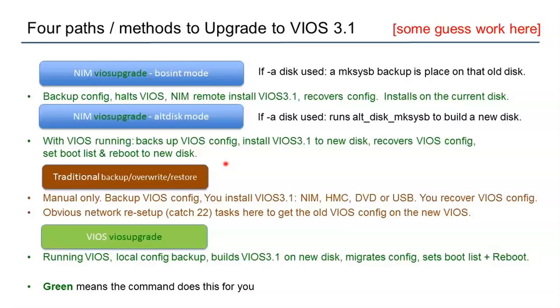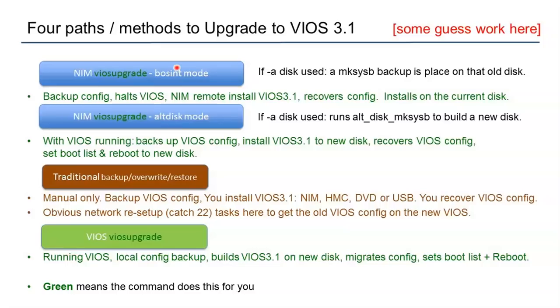Right, now, if you're a NIM person, then there's two ways of doing the NIM upgrade. So up in here, we have on the NIM server, viosupgrade with bosinst. This is very much like we've done in the past with a straight bosinst install of a VIO server, maybe to a new machine. But there's a new one in here called the altdisk version. And the name is not very good, because you can do an alternative disk using the bosinst, and you can do an alternative disk using the alternative disk method.